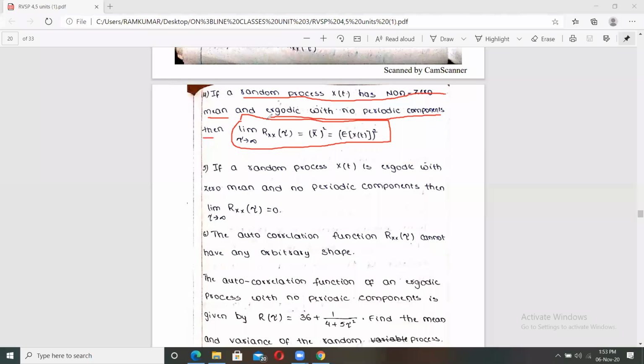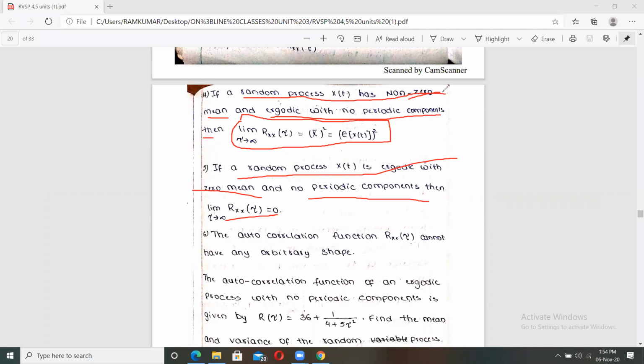And the other one is, if a random process x of t is ergodic with zero mean and no periodic components, then limit tau tends to infinity R of tau is equal to 0. What is the main difference?